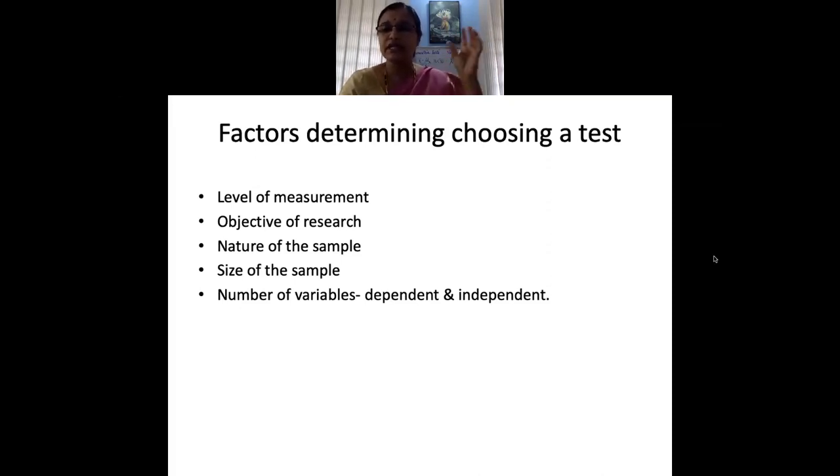Just make a table showing the demographic profile and the tool you are using, descriptive statistics and the tool you are using, and for inferential statistics, what tools you are using. Tools are nothing but your statistical analysis, how you are doing it, and the various techniques. It can be correlation, regression, ANOVA, t-test, whatever you are using, and you will show it in the form of a table.